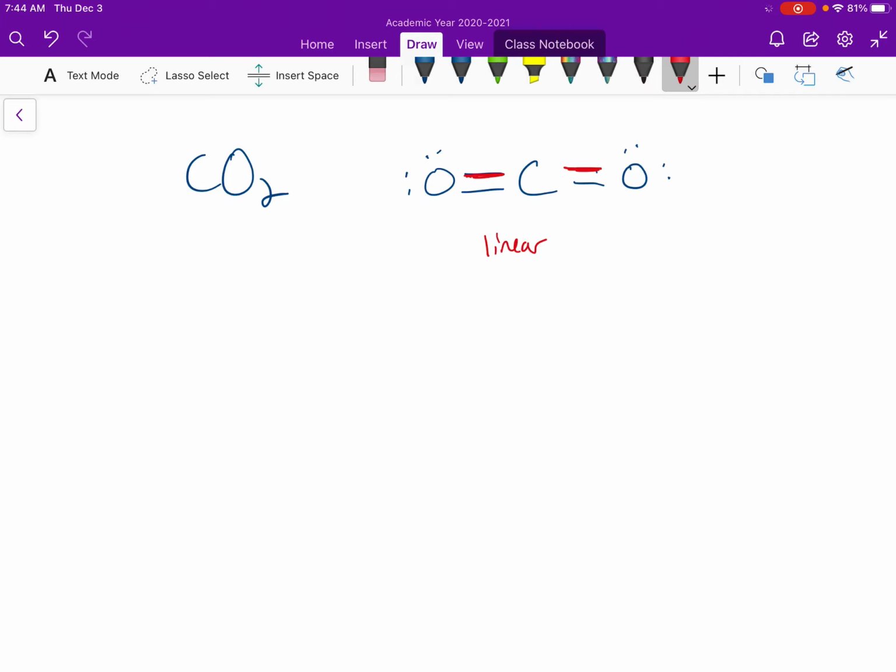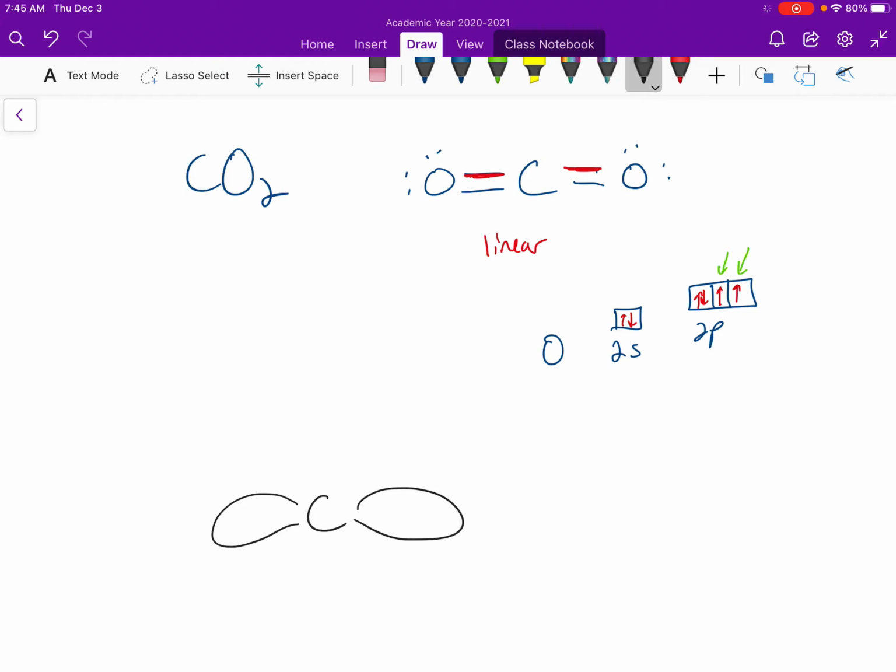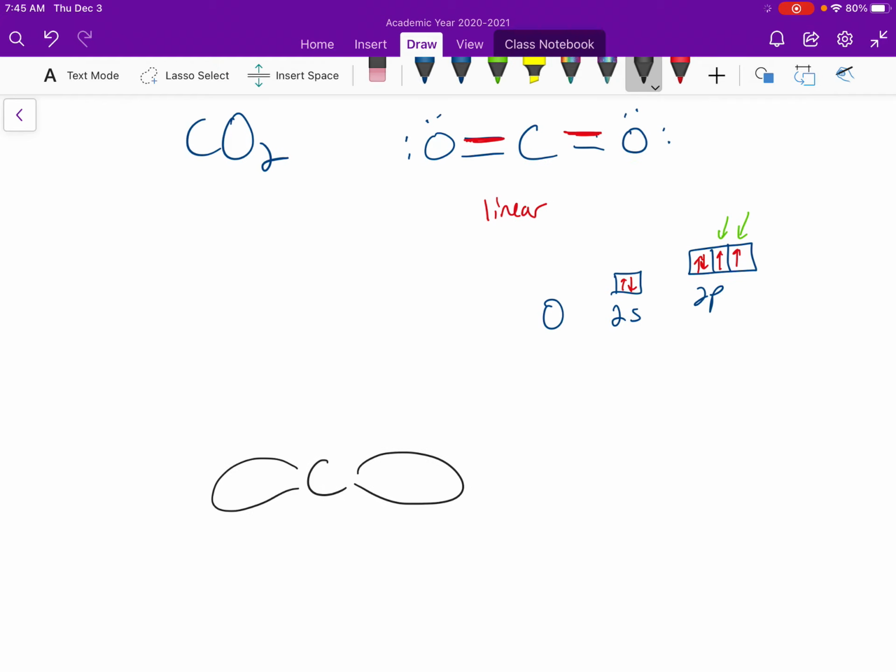Okay? So remember, oxygen has a valence of 6. So 1, 2, 3, 4, 5, 6. So looking at oxygen, it has 2 options for where to bond, right? It has 2 p orbitals. It's going to use 1 to overlap with the carbons. So here's carbon, and it's going to have now 2 hybrid orbitals that are together, right? With 1 electron each.